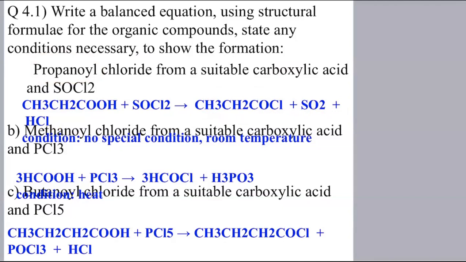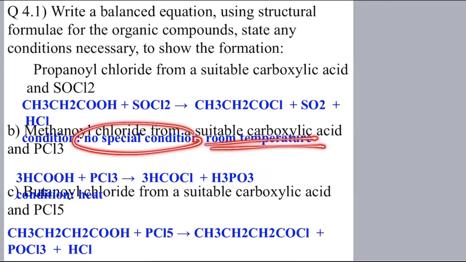You need to heat it, so you will form methanoyl chloride and phosphorous acid. Each reagent will also have its different side products. From part A, I forgot to mention that with SOCl2 no special condition is needed, and the reaction can happen at room temperature.